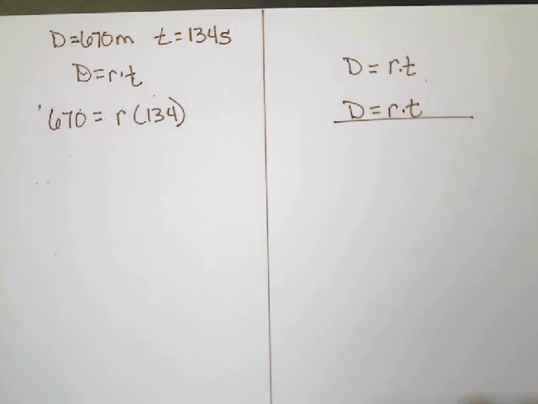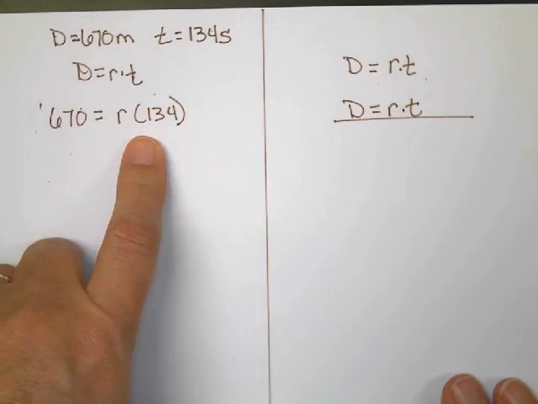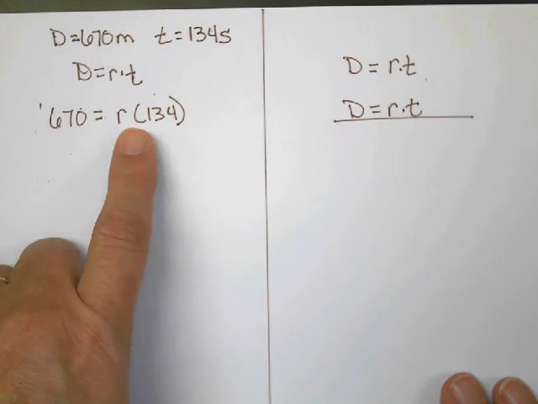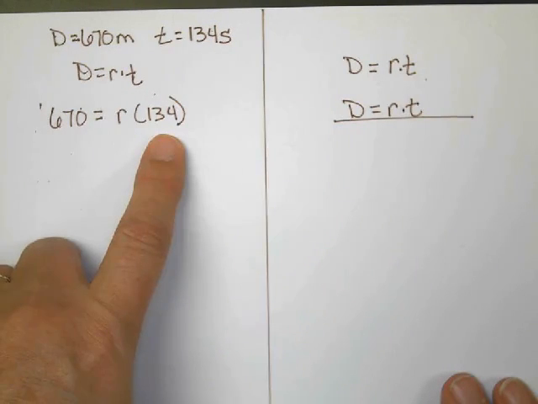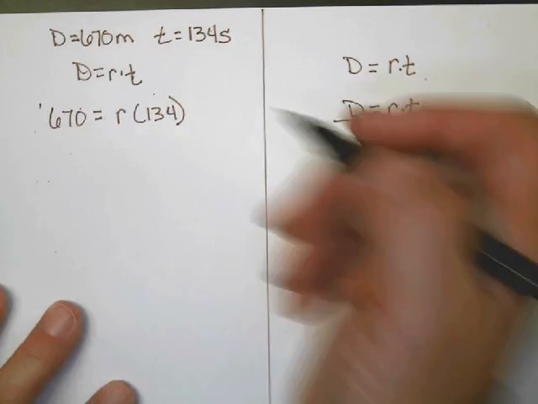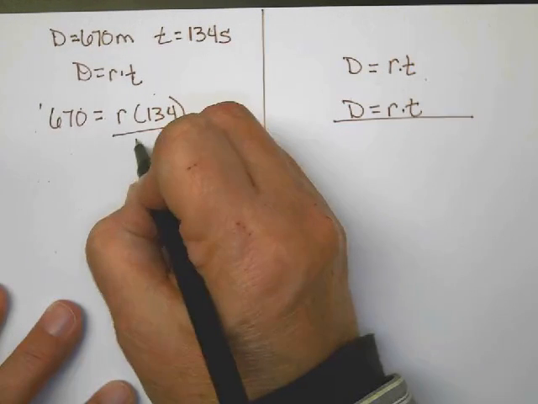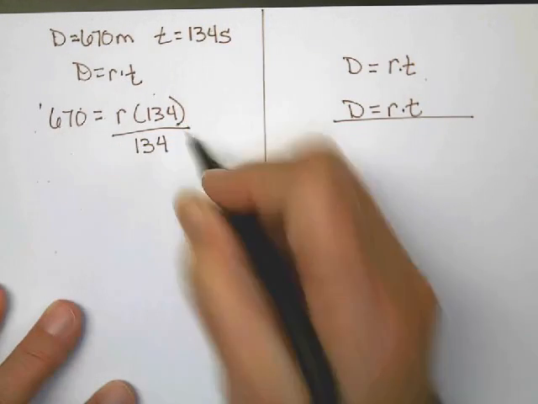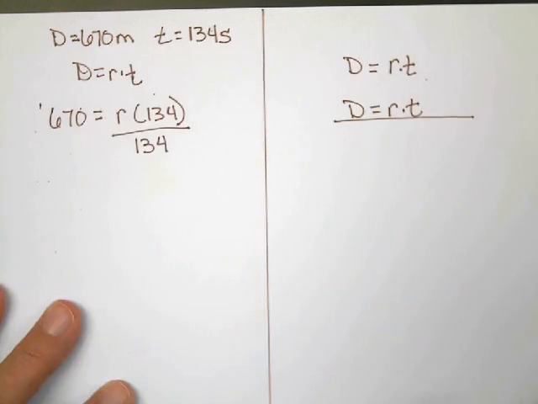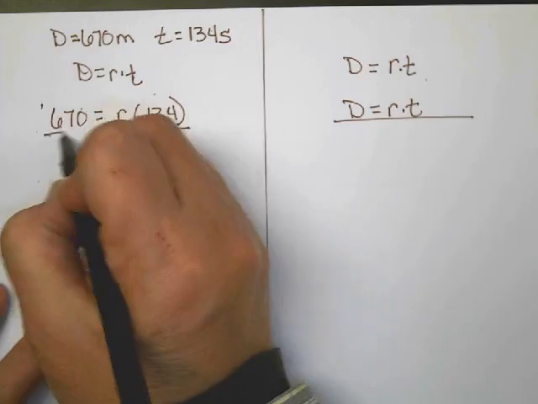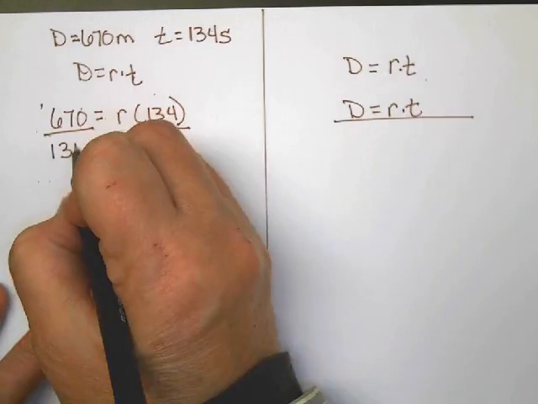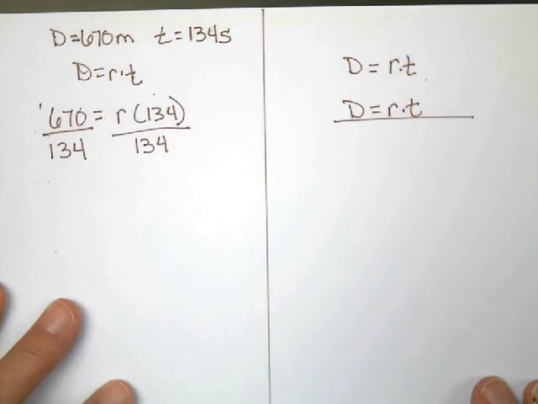Now to isolate the variable on the right, that means that I need 1 R. So to get 1 R, I have to divide by what I'm multiplying by, which would be the 134. Well, I have this thing called the multiplicative property of equality that says that if I multiply or divide by something on one side, to keep it an equality, I have to do it on both sides.